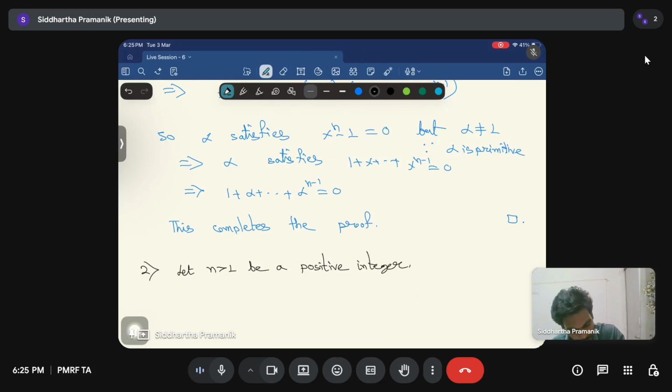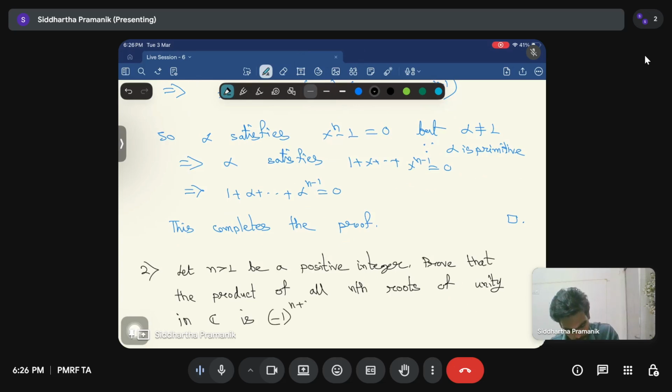Then prove that the product of all nth roots of unity in C is basically (-1)^(n+1). So it will depend on n.